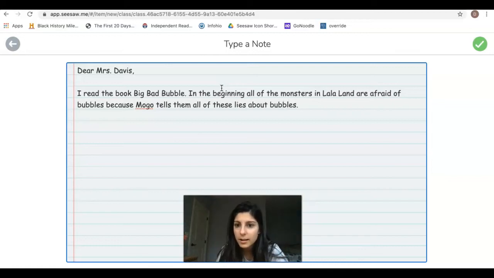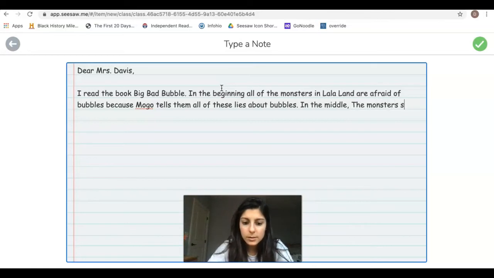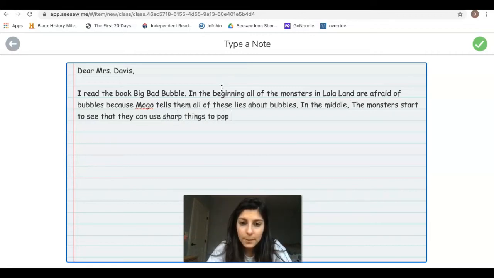All the monsters in La La Land are afraid of bubbles because Mago tells them all these lies about bubbles. In the middle, the monsters start to see that they can use sharp things to pop the bubbles. Right? That's what happens in the middle.